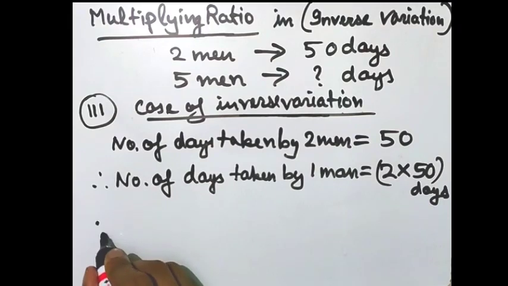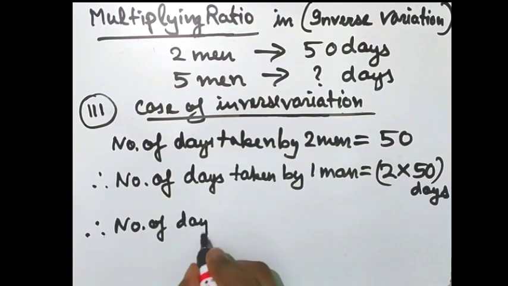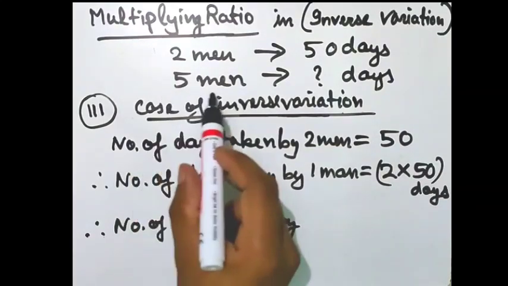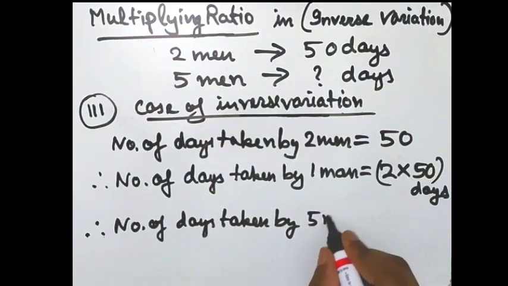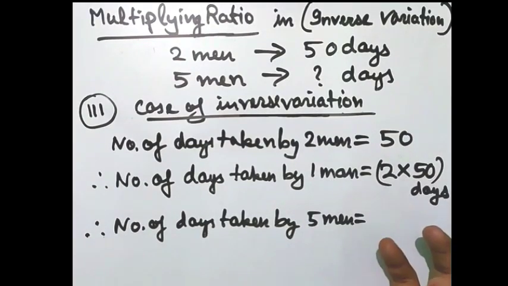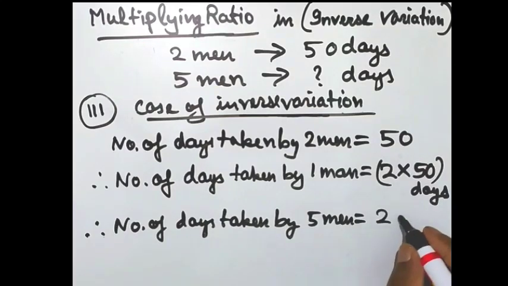Then you can find, therefore, the number of days taken by how many men we had to find? By 5 men. So 5 men. Now 1 man can complete in so many days. Now if I put in 5 men, the days will be fewer now. They can complete the work faster. So what we'll do? We'll divide. So 2 times 50, that is the number of days, divided by 5.